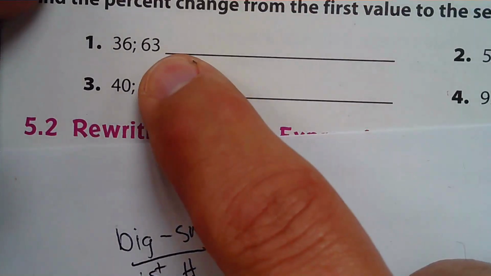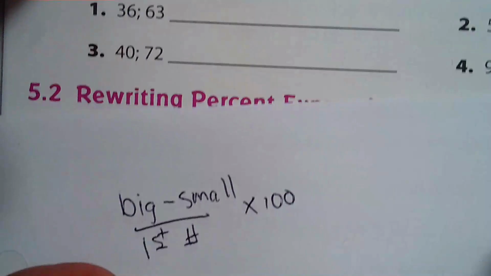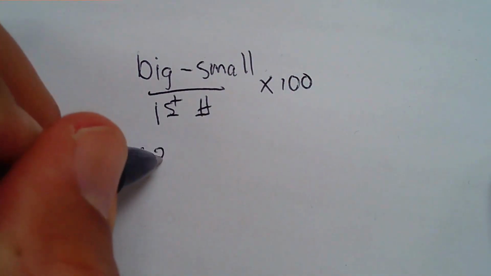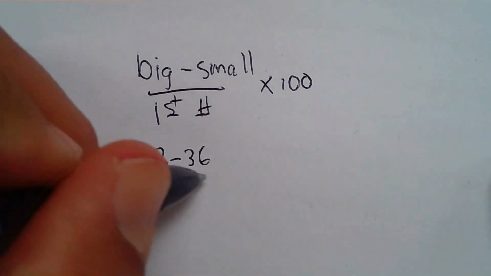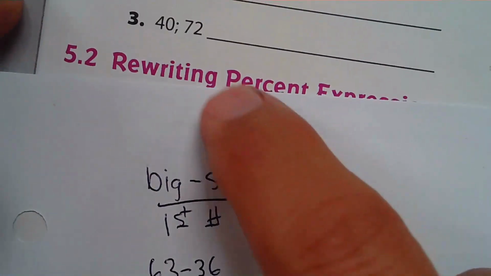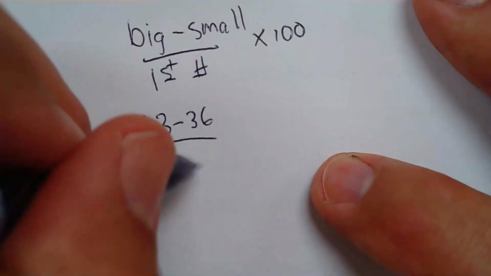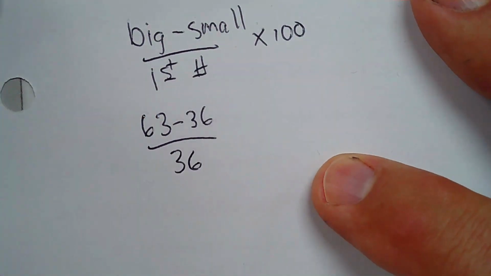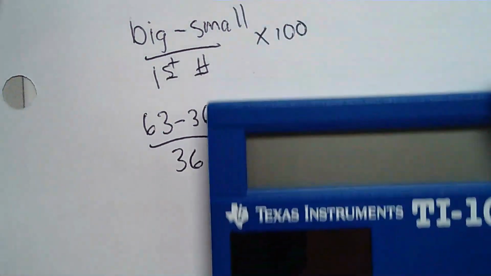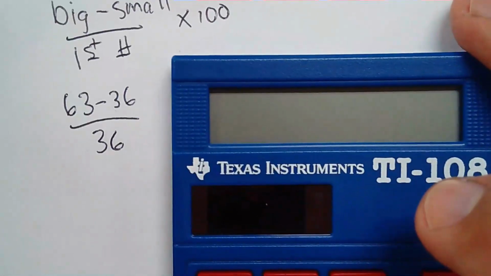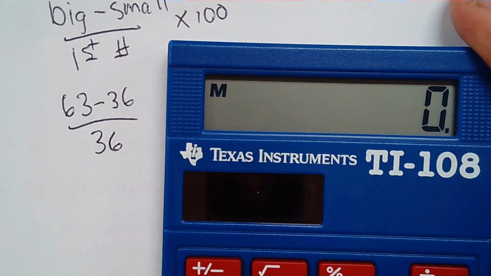So the big number is 63 and the small one is 36. So 63 minus 36 divided by the first number, and the first number given was 36. So 63 minus 36 is equal to 27.